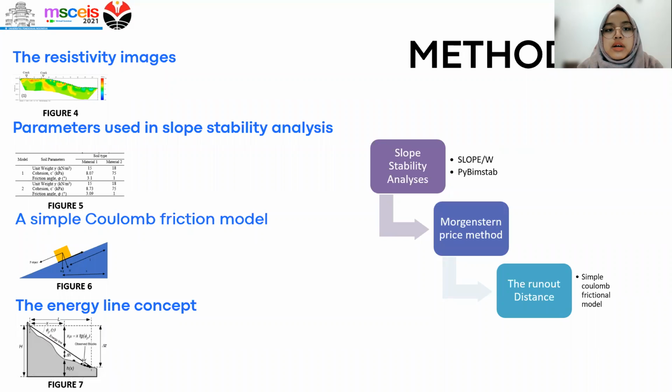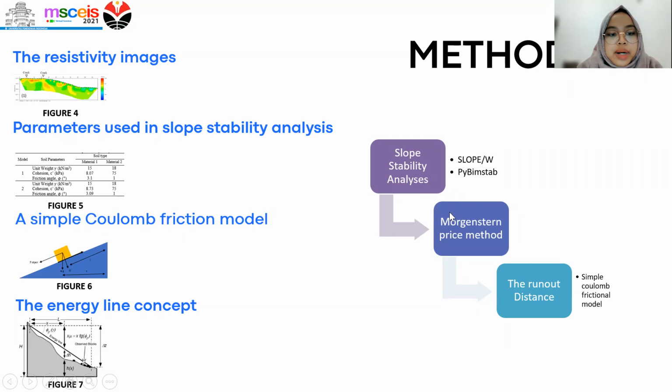Now we will move to the method. To achieve the objective of this study, the slope stability analysis was performed to determine the critical slip surface when the safety factor is 1, using Slope/W and BIMSTAB software.